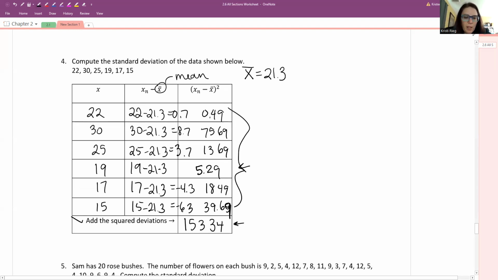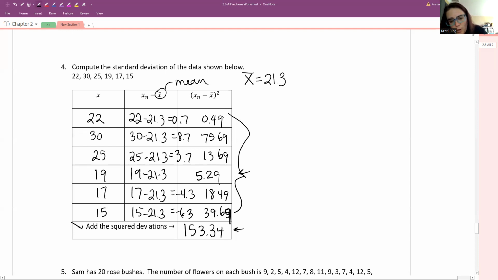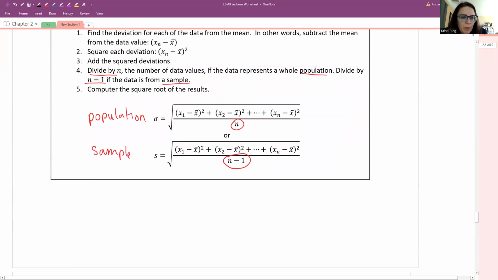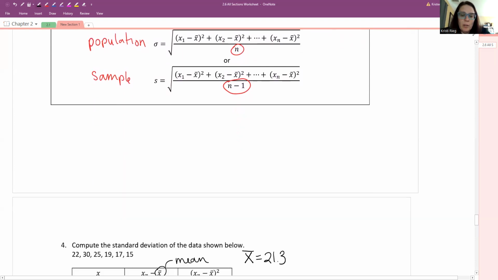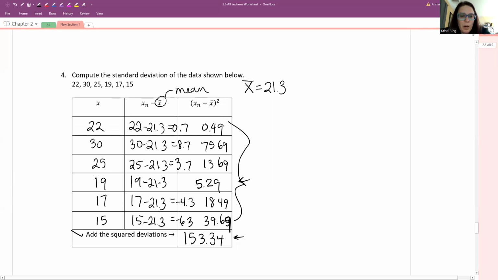Okay, that is almost the answer. That is just adding everything up. The last step we're following up here. So we subtracted, we squared, we added. We have 2 more steps. We're going to divide by n, and then we're going to take the square root. So in this problem, there were 6 data values.